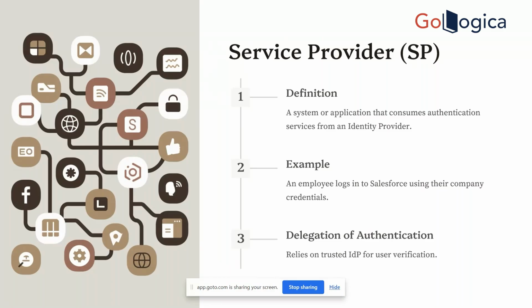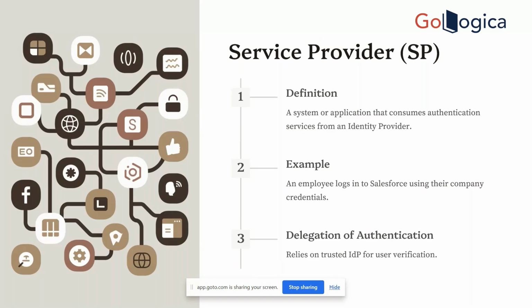So these are all service providers. How could I log in on that area? After they validate my identity, as checked by my identity provider. That is where the service provider comes into the picture. It is very helpful in the delegation of authentication, because they rely on trust with the IDP for user verification.